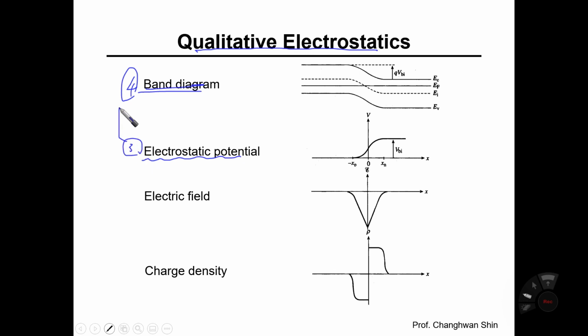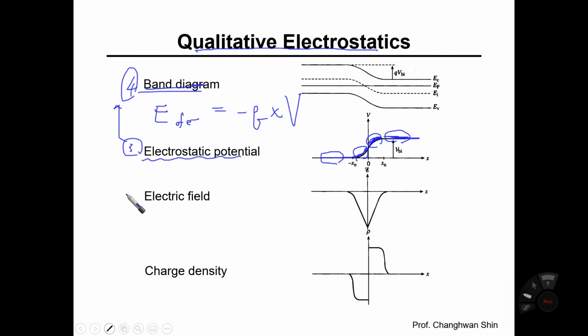So from step number 3 to 4, the band diagram is this. Electron energy is defined as minus Q times electrostatic potential. Since you know the electrostatic potential has been drawn like that. So before moving forward, let's take a look at the shape of the electrostatic potential plot.